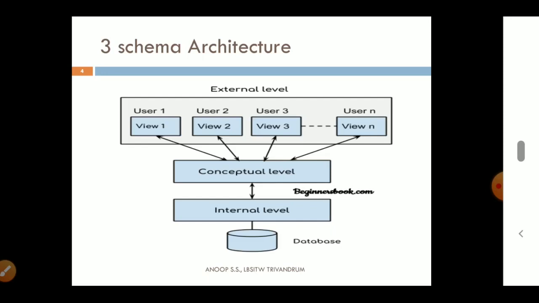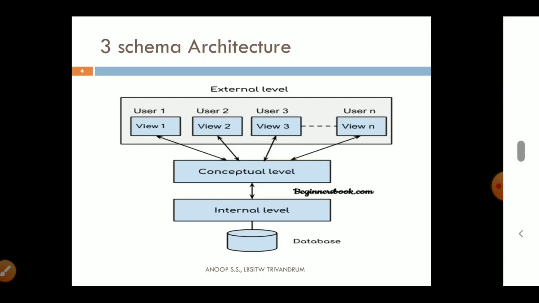These views will act as a temporary table. For a database user, it is the actual table they access, but it is actually a virtual table made visible to them.